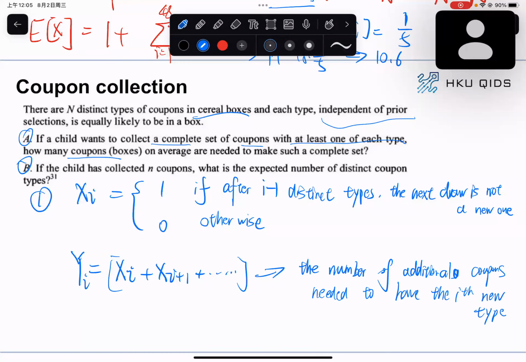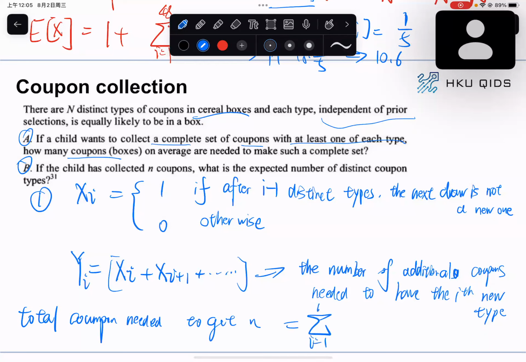Okay? And then the total coupons needed to get n types is just what? It's just the sum of i equal to 1 to n of Yi, right?